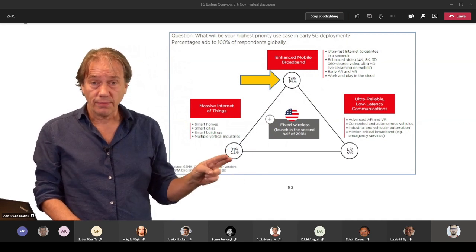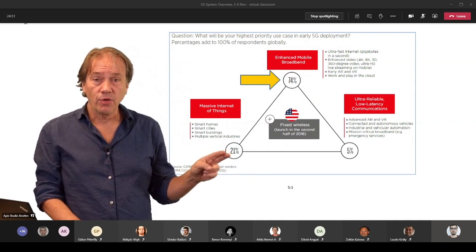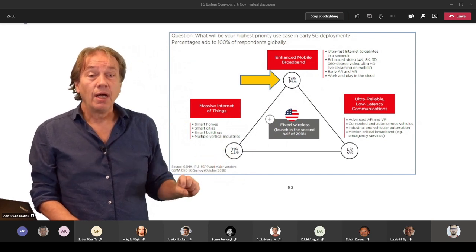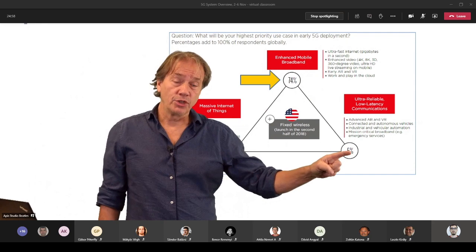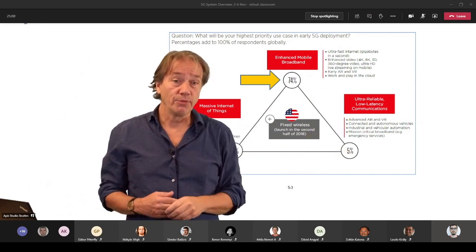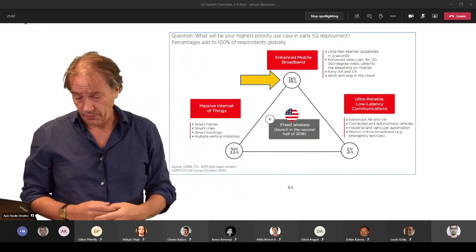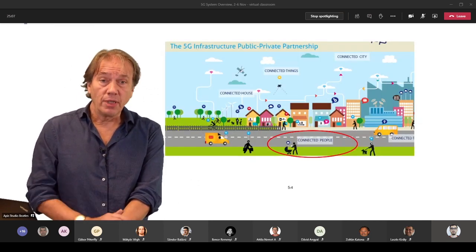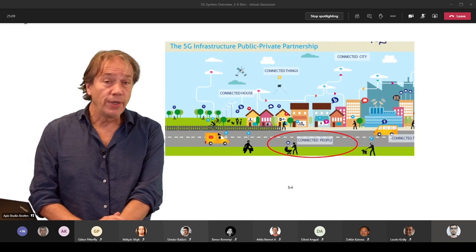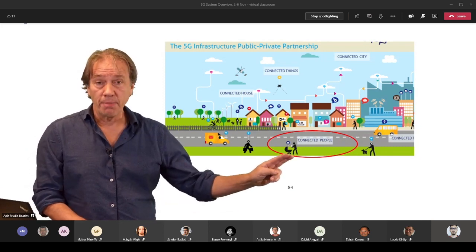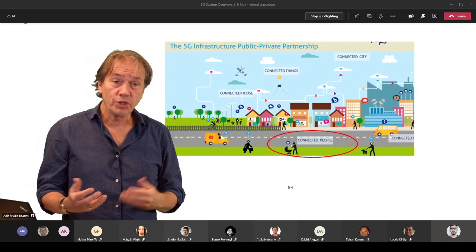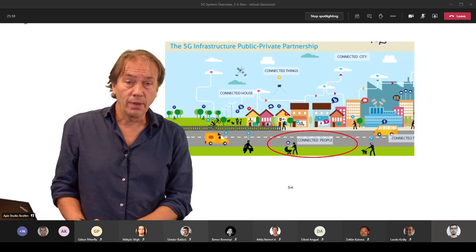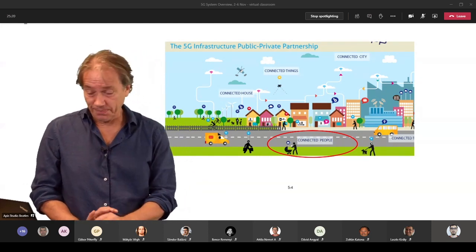Some operators said that we will focus on massive Internet of Things. Only a few operators saw the URC type of services as the main use case. So I suppose eMBB is to a large degree about connected people, maybe not so much connected things or connected cities or industry automation.